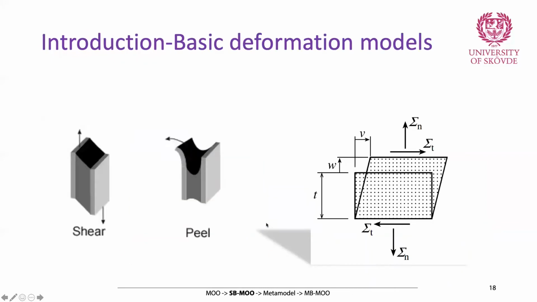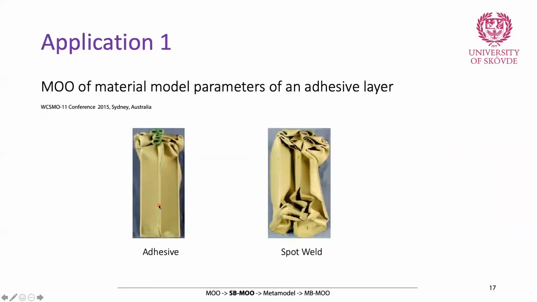This is the results from the drop tests. So a load is dropped from height on these two structures, and you can see the deformation. So the same load, the same height, but you can see the different results. The adhesive kept the structure very well compared to spot weld.